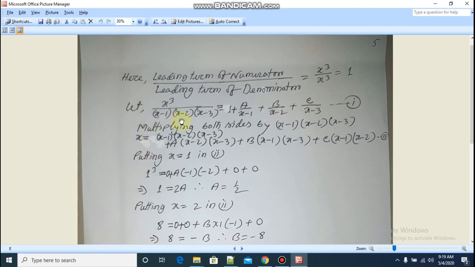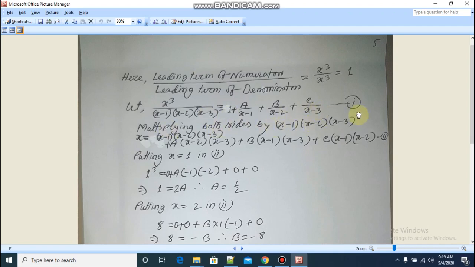So x cube divided by the 3 factors equals, this is identity sign, 1 plus a divided by x minus 1 plus b divided by x minus 2 plus c divided by x minus 3.